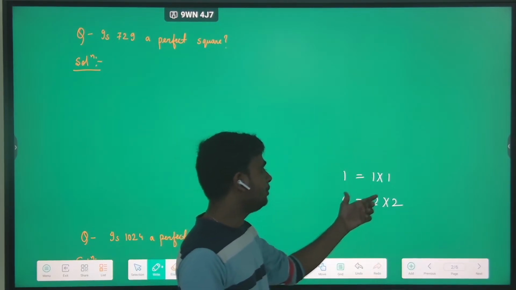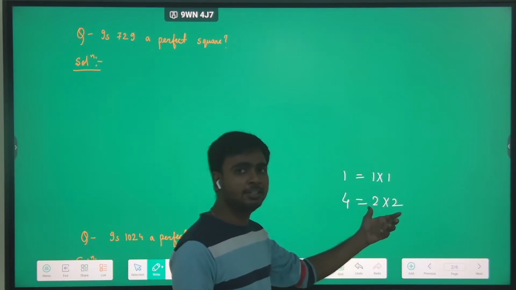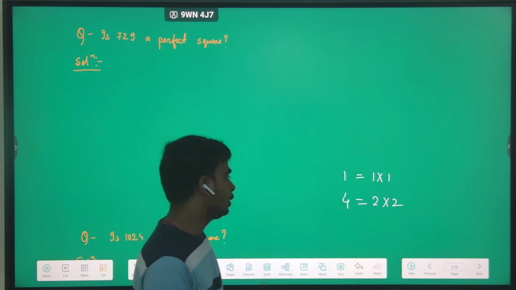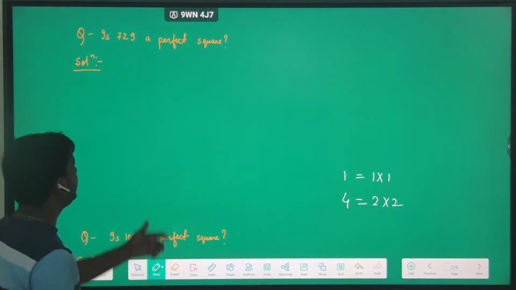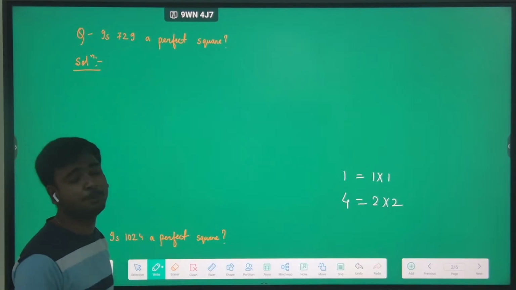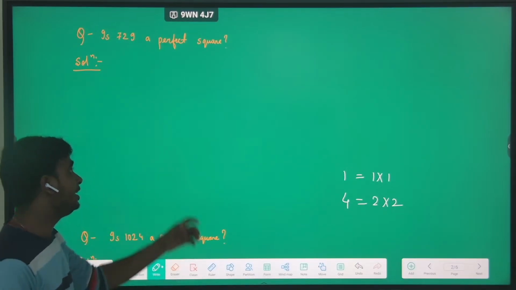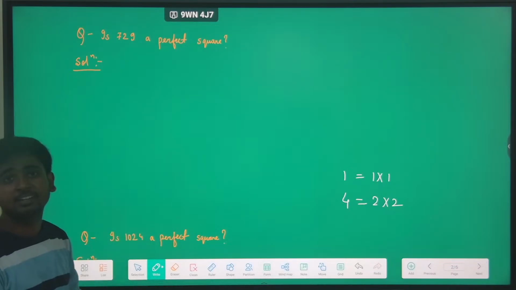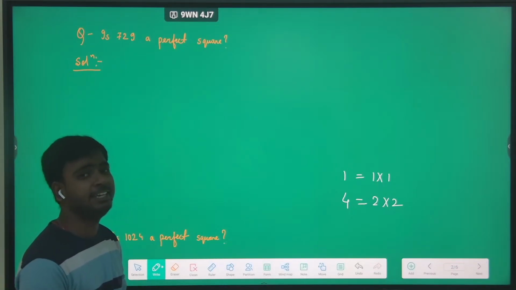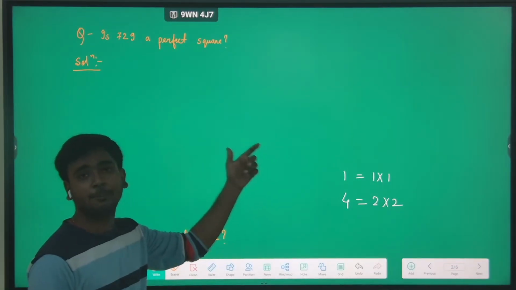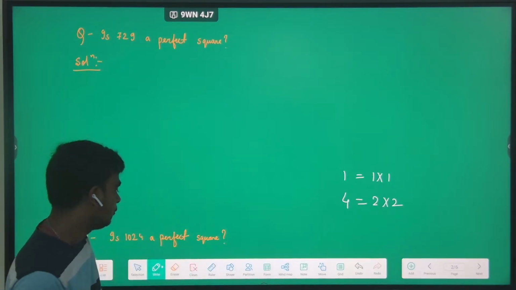That means it can be represented as two factors which are the same. Similarly, is 729 a perfect square? We will find the factors of 729 and see whether the factors are repeating two times or not. Let us see.